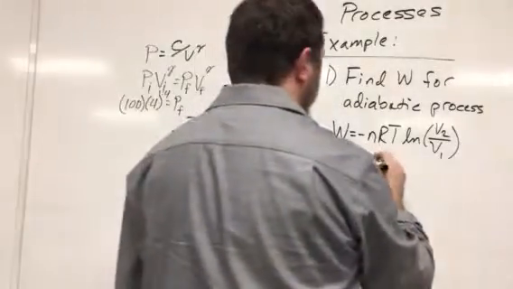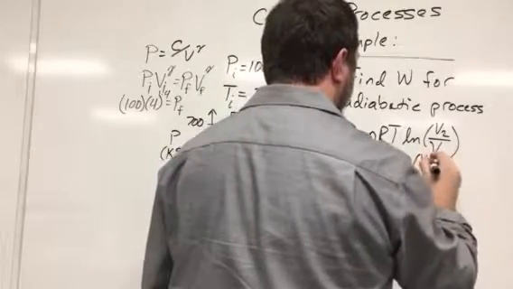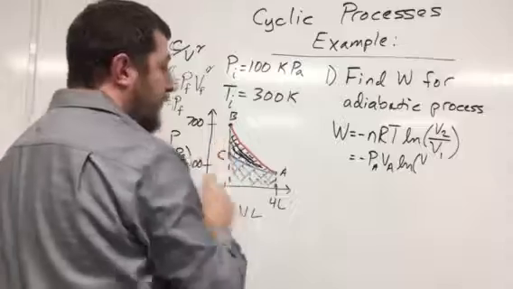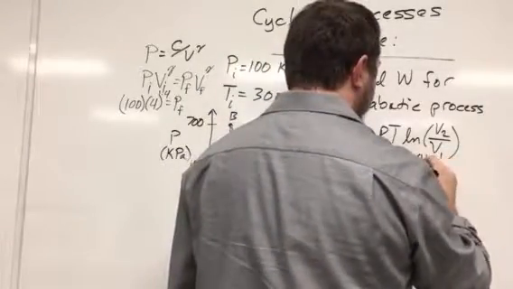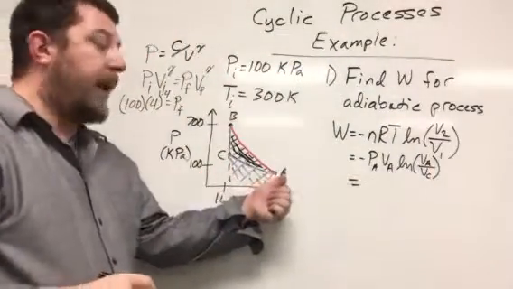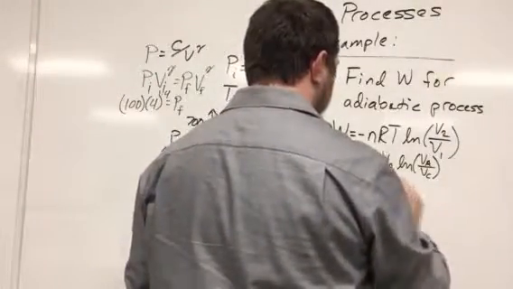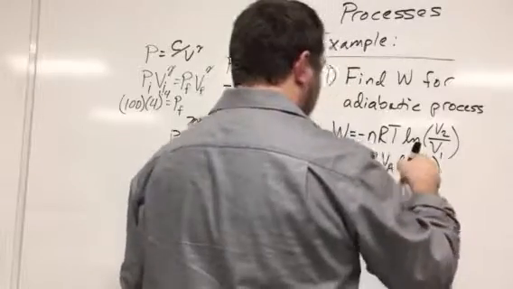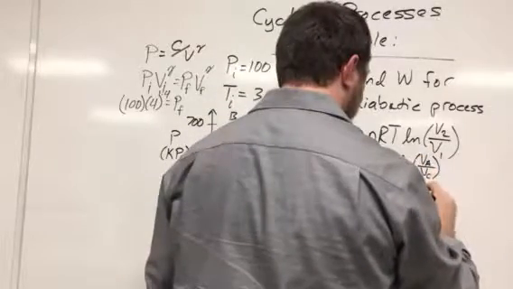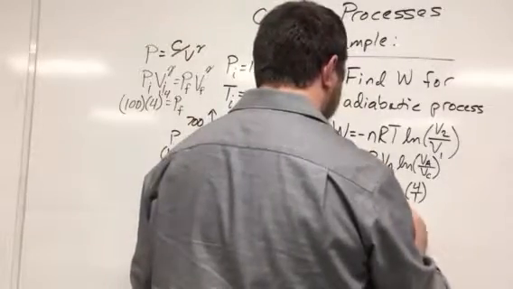So I can write this as negative PA VA times ln of the volume at A divided by the volume at C. PA is 100 and VA is 4 liters, so this is negative 400 times the logarithm of 4 over 1. And this is approximately negative 550.